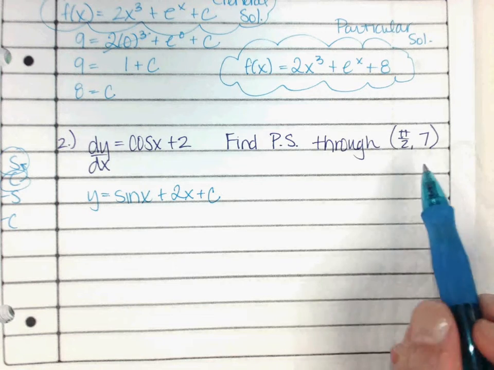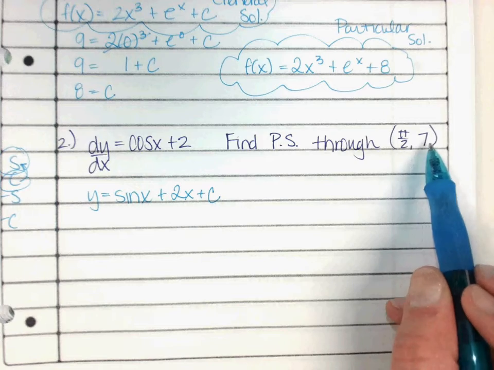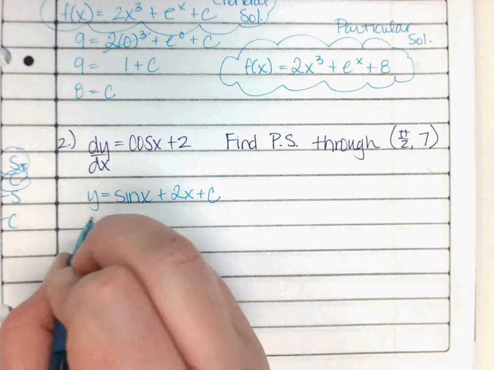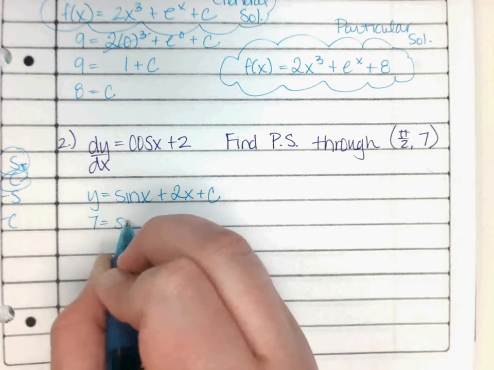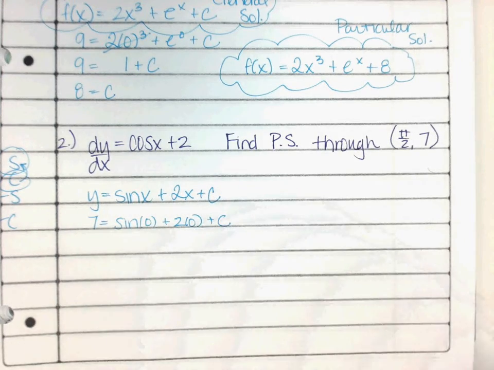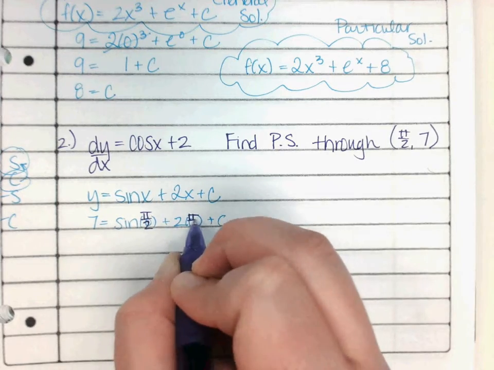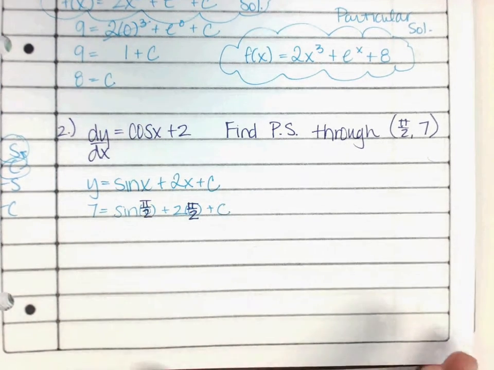Then from there, particular solution comes in when I plug in my ordered pair and solve for c. So 7 needs to be the answer for y when my x value is pi halves. Oh, it was pi halves. Thank you. Okay, then what's sine pi halves? 1.